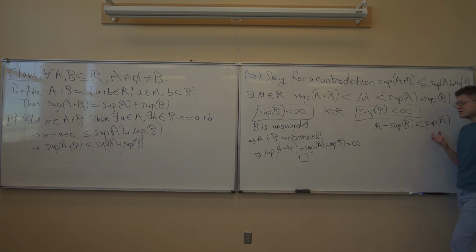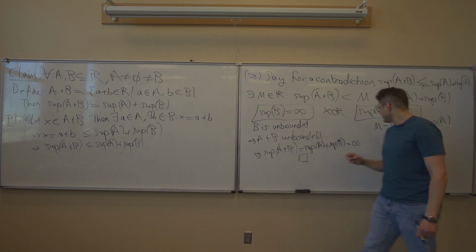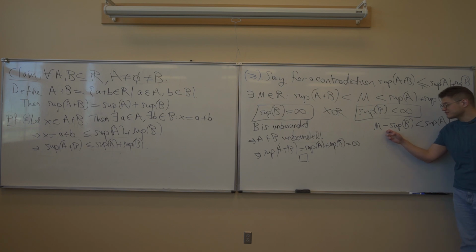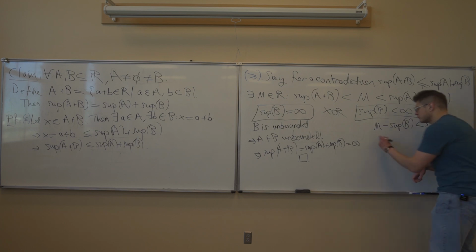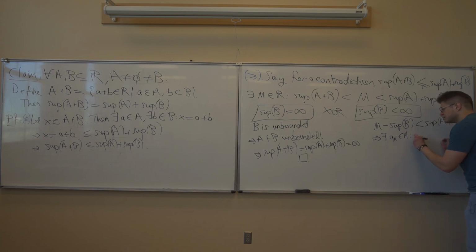But sup of a was the best upper bound. Because this guy is strictly less, that means that this guy cannot be an upper bound. In other words, there is some number in a in between these two. Let's call it a star, such that you can inject it.